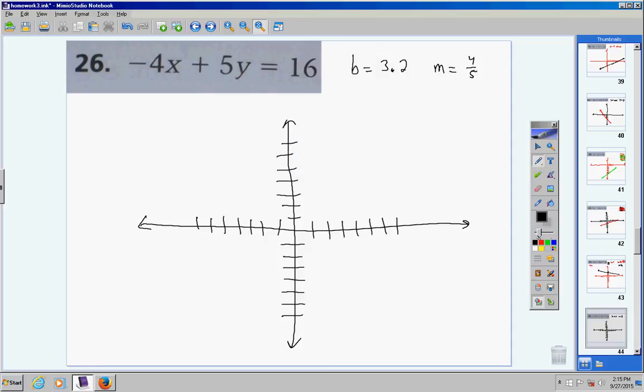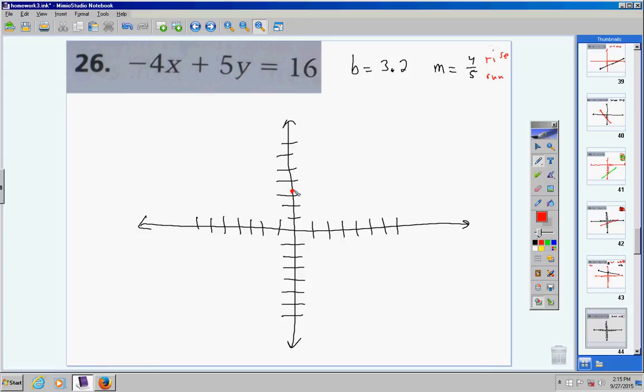Alright, here we go. The y-intercept is 3.2. That's a positive 3.2, so I'm going to go up 3 and then approximately 0.2, about right here. Now, please listen to me carefully. You have a rise number of 4 and a run number of 5.